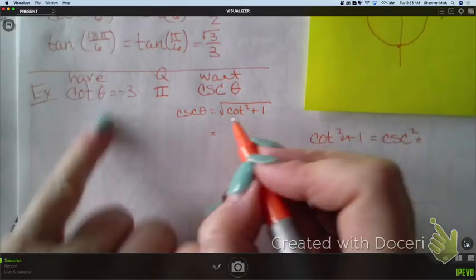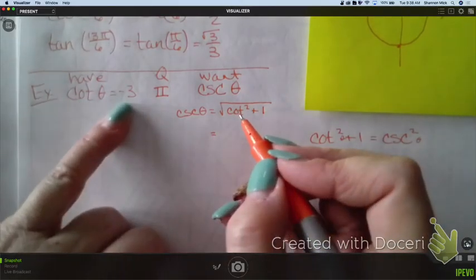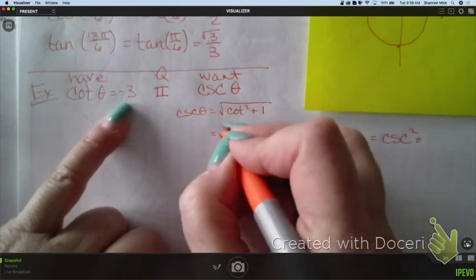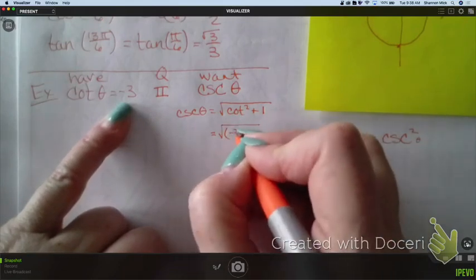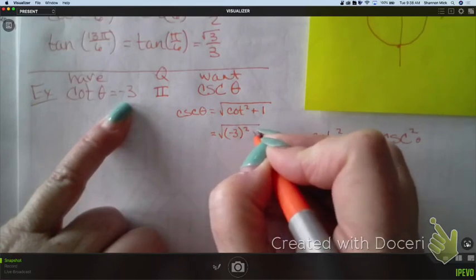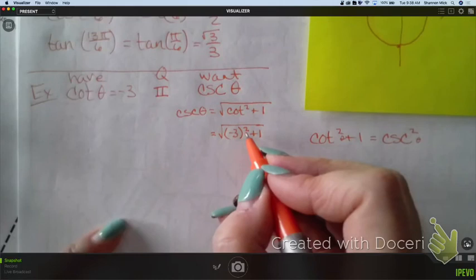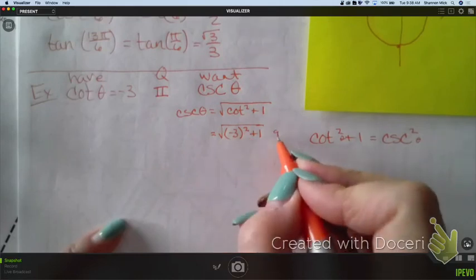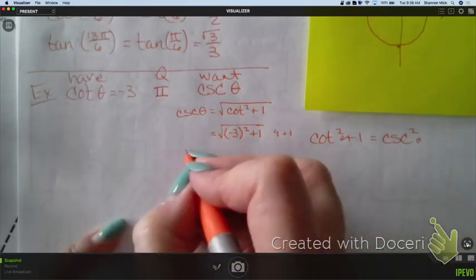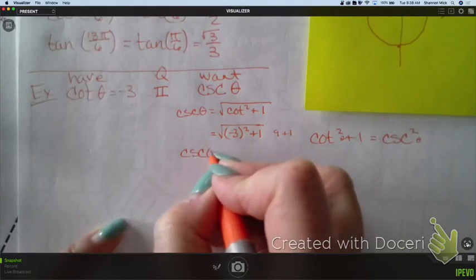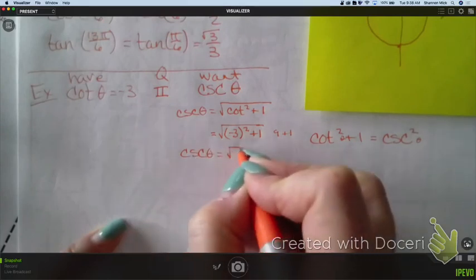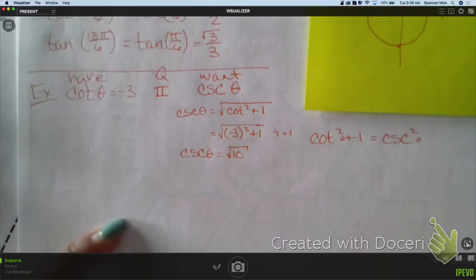What is the cotangent? -3. So we're going to have the square root of -3 squared plus 1? Yes? So -3 squared is 9 plus 1 is 10. So the cosecant of theta is the square root of 10. And I'd have to simplify that if I could, but I can't simplify square root of 10.